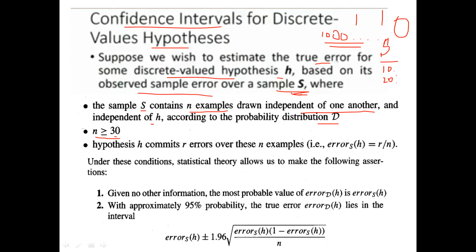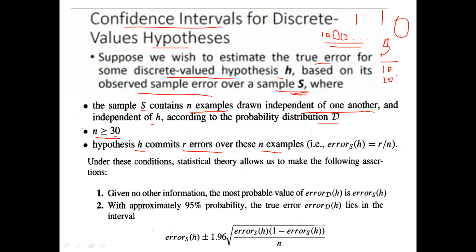Now it is very clear. The hypothesis H commits r errors. Let us say your hypothesis commits r errors over n sample examples.